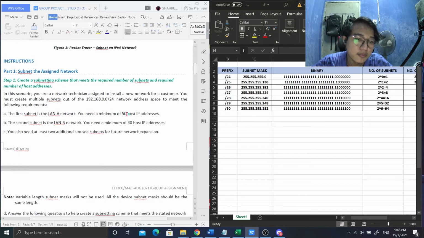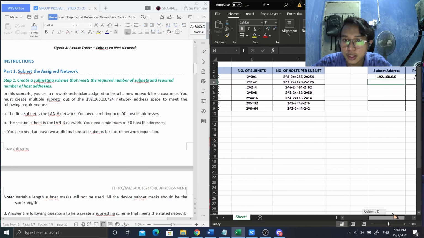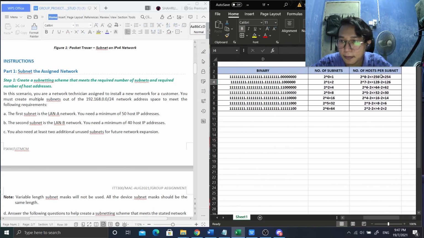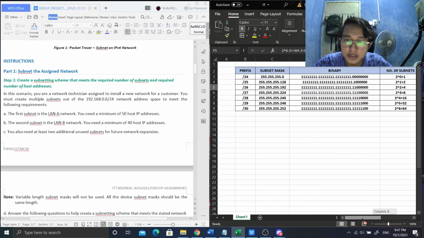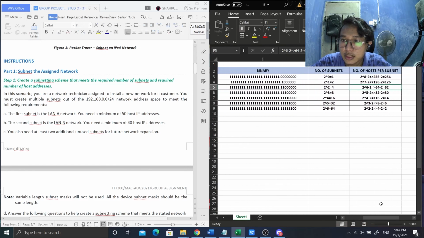You need a minimum of 50 host IP addresses, so we need a minimum of 50 hosts. By using this table that we already made, we can find 50 and above hosts per subnet. So /26 and /25, because they have 62 hosts and 126 hosts.